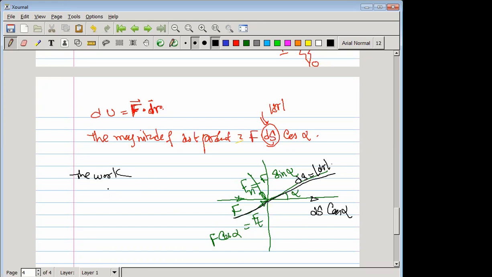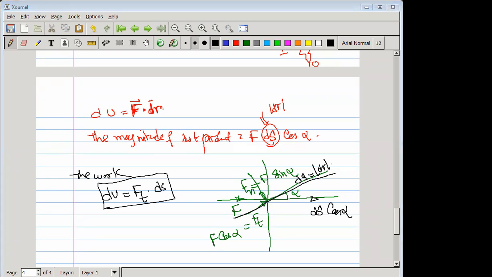So we can write that dU is nothing but the tangential component of the force times ds. This also we can write. Clear? Why is it like that? Anyone have any idea why the normal component is going? The normal component is not considered to find out the work done.